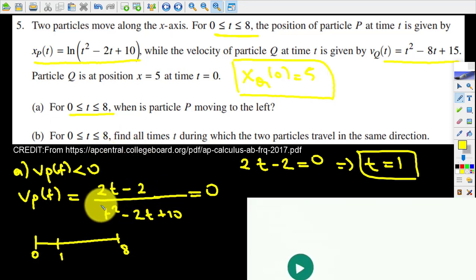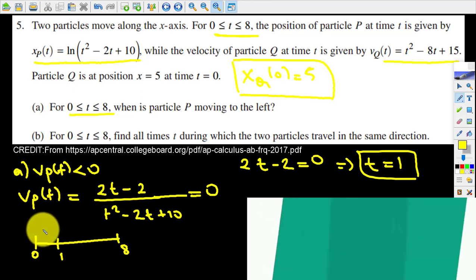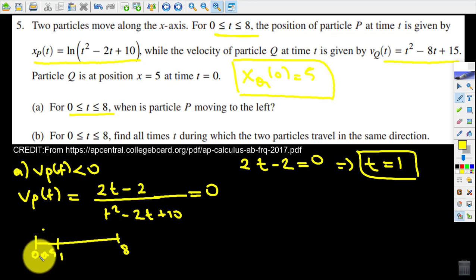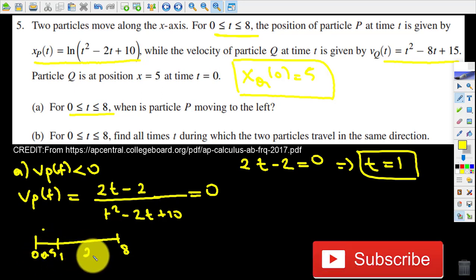I'm going to select 0.5 between 0 and 1, and I'm going to pick 2 between 1 and 8. Then you need to test these values in the velocity function. So you need to know what is V_P of 0.5 and what is V_P of 2.